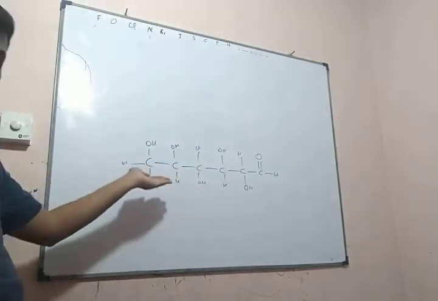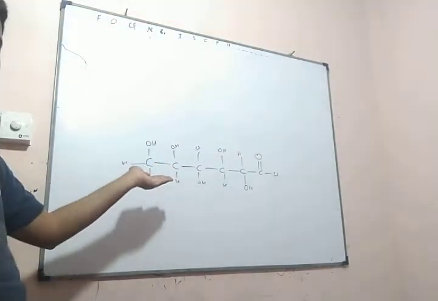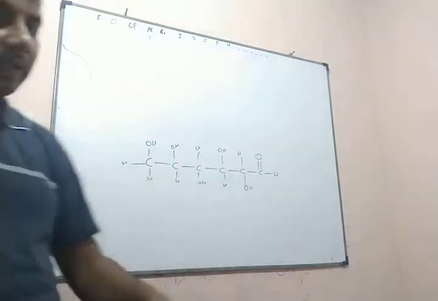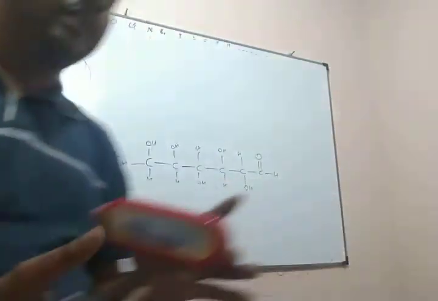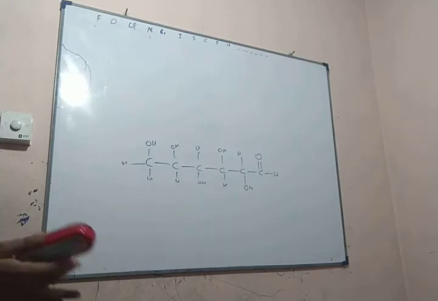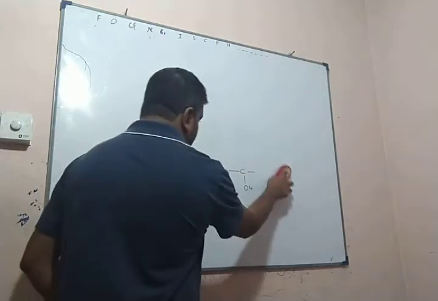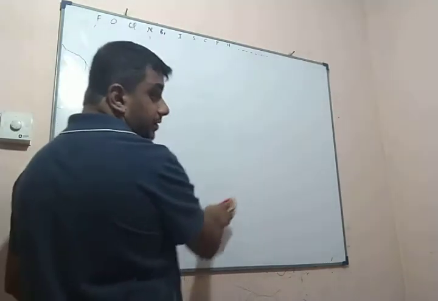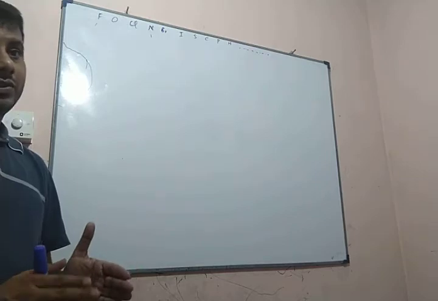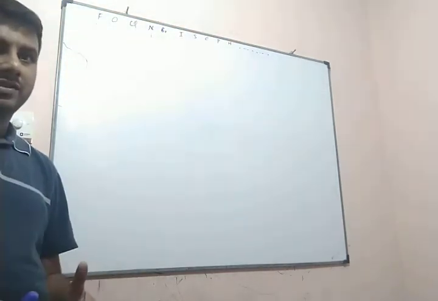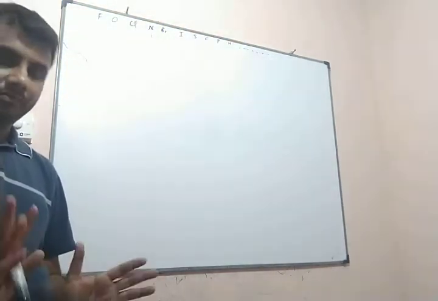This is the formula of glucose. That's the way you should ask, because glucose is the trivial name, easy name. So you got the difference between trivial name and IUPAC name. IUPAC name is only for study purpose, not for daily usage.